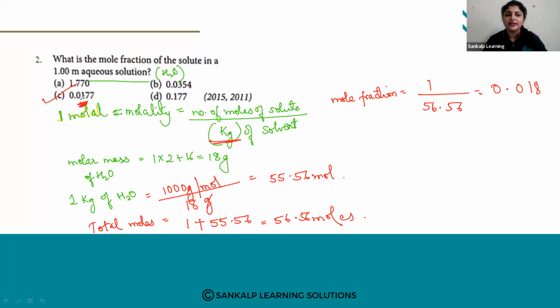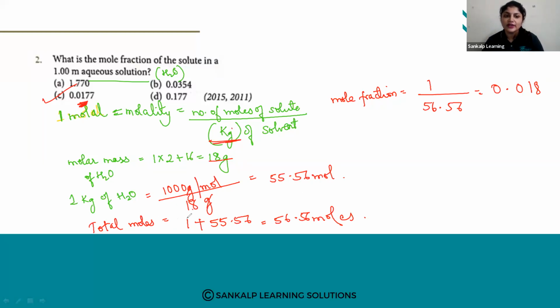So what is molality? First you have to calculate the molality. Molality is the number of moles of solute divided by the kg of solvent. You know the molecular mass of water is 18 grams. The number of moles is calculated how? 1 kg of water is nothing but 1000 gram, so 1000 gram divided by the molecular weight 18 comes to 55.56 mole.